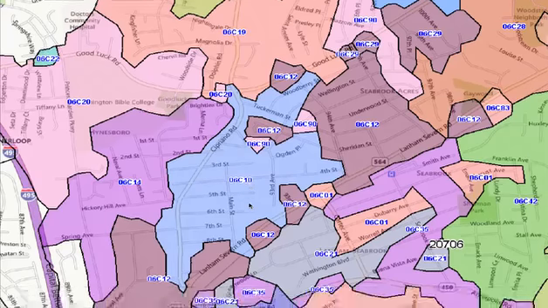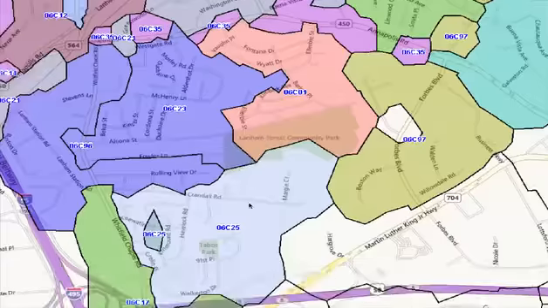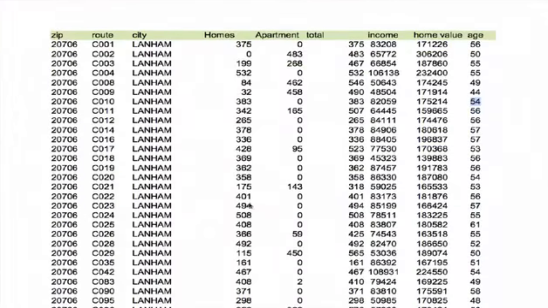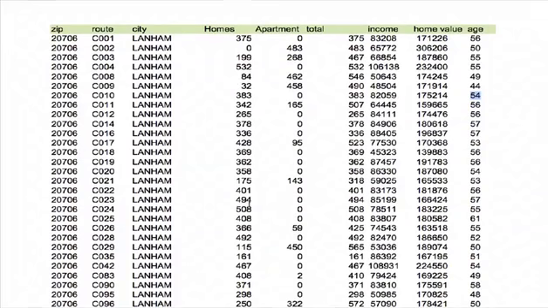Okay, so let me just scroll down here real quick. All right, so this is a detail of all of the mail routes. Okay, so you can see to the left here is the zip codes, and this is the 20706 zip code area. Directly beside that is the particular route. Okay, so as you can see, we were doing C010, which is right here.